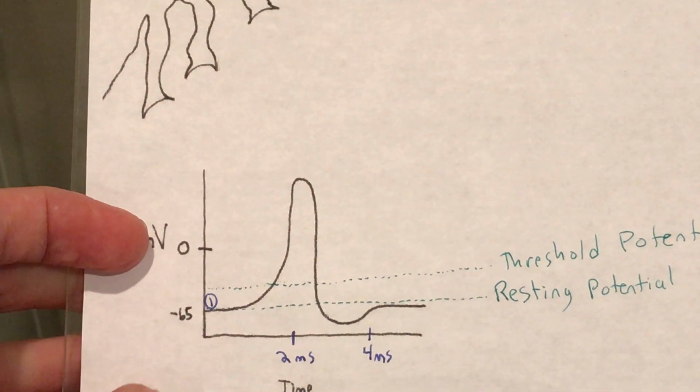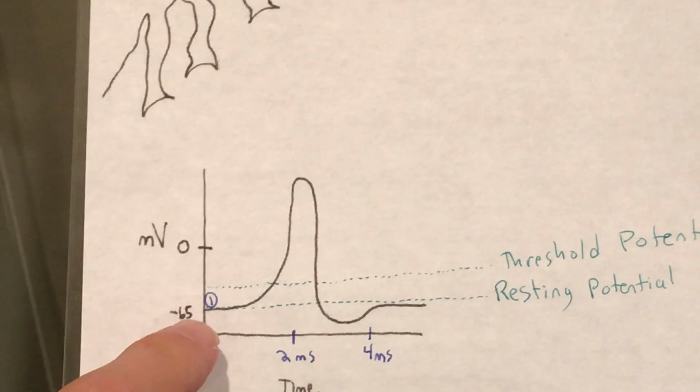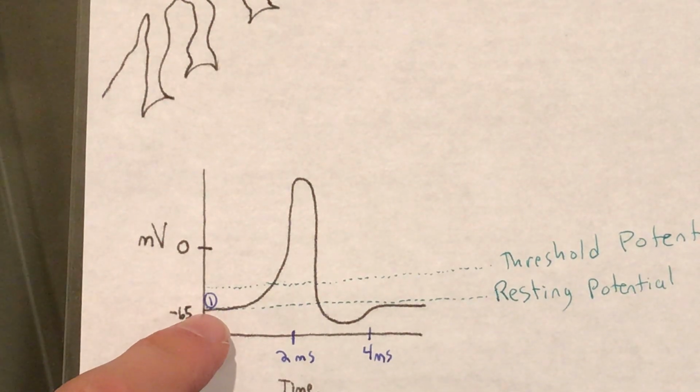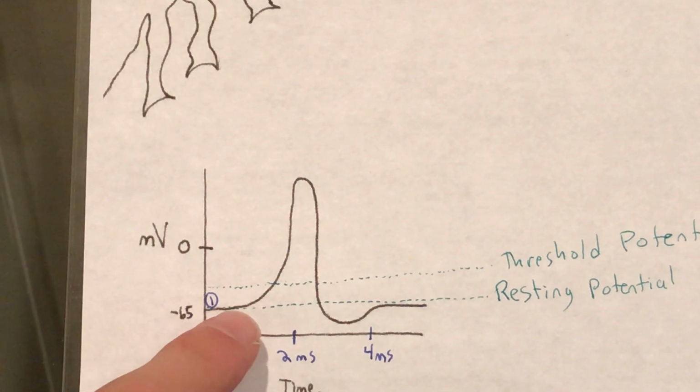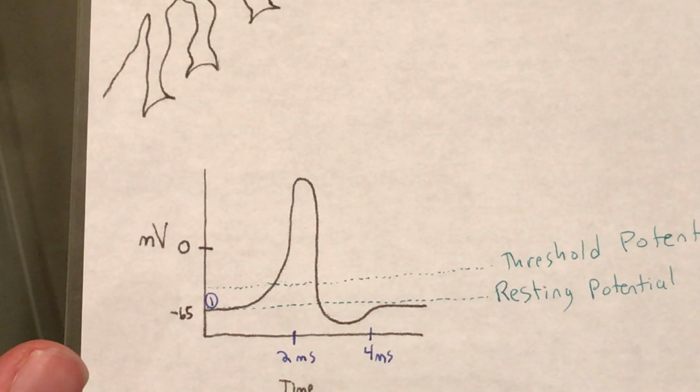So step 1 was when that neurotransmitter bound that ligand-gated sodium channel, and we have just the beginning of those sodium ions entering the dendrite. So right at the beginning, there's not really too much of a change in the voltage of the cell. Not quite yet, anyway.